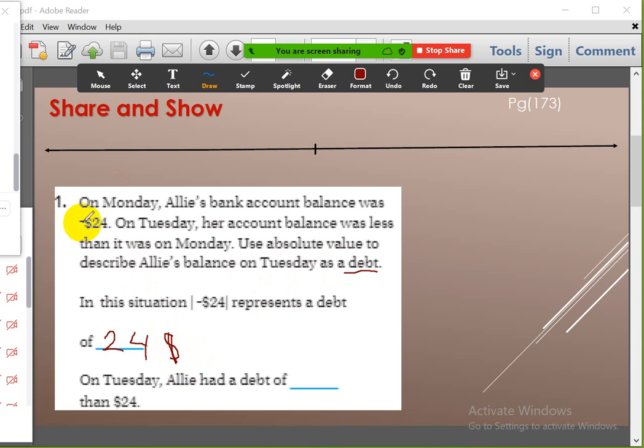This minus means this money is a debt. So the bank account increases and decreases. When the bank account decreases below 0, that means you have a debt to the bank.